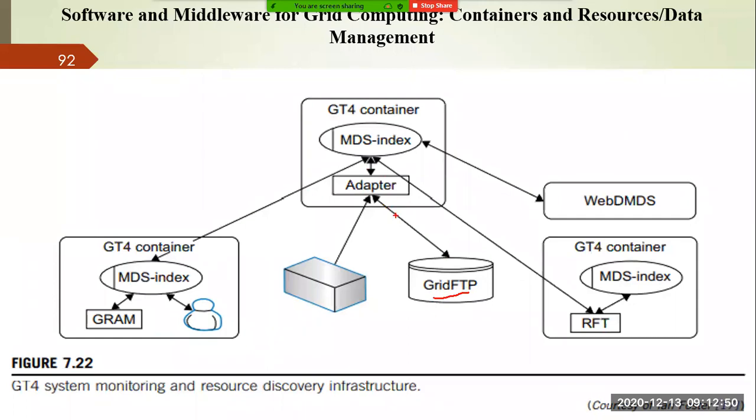Okay, and you can see there is a WebMDS, which is connected to your MDS index, right? And the reliable file transfer, RFT, is attached to this MDS index, right? So this is the GT4 system monitoring and discovery infrastructure.